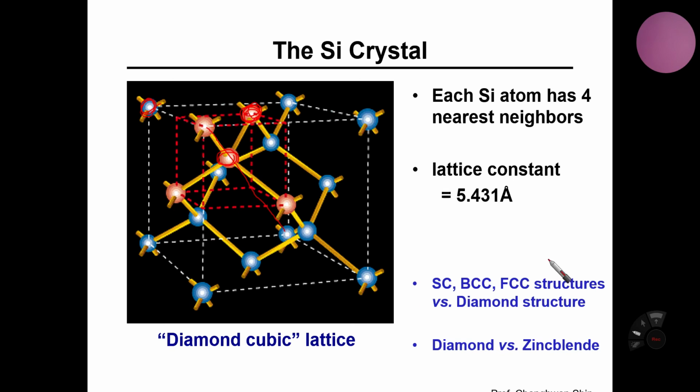Okay, let me see one more thing here. Each silicon atom has 4 nearest neighbors. So 4 neighboring silicon atoms can be found. Take a look at this silicon atom. On top of this silicon atom, you can find another silicon atom.